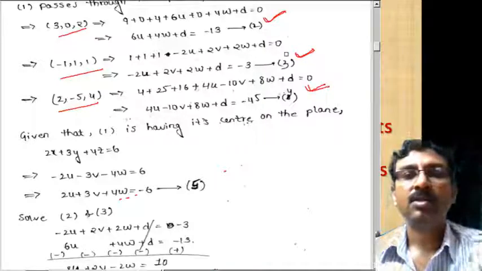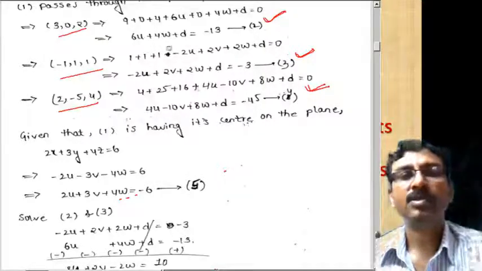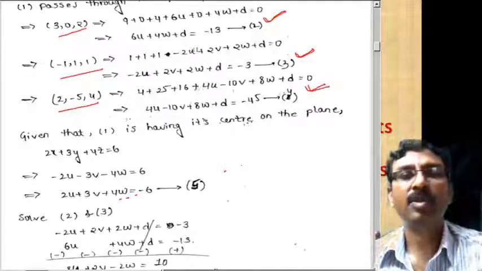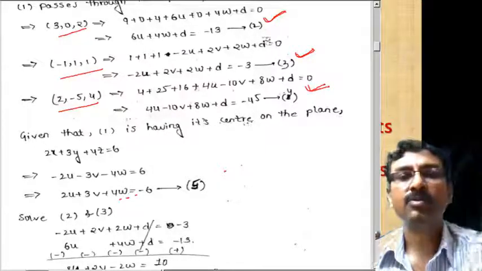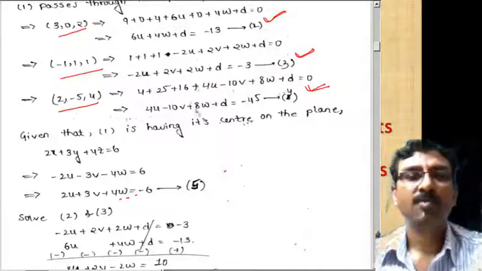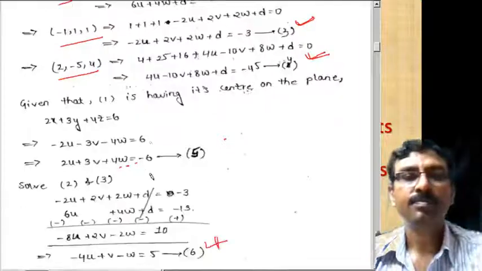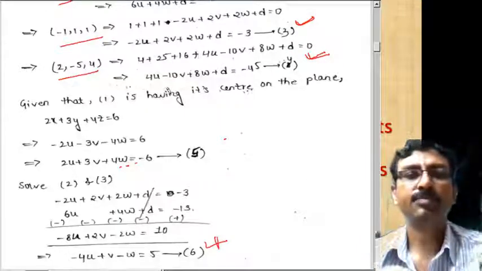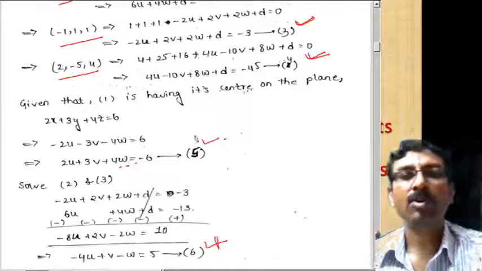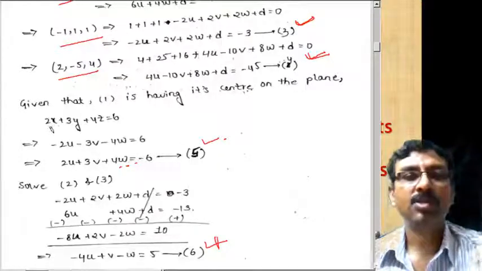So in the second, third, fourth equations we have u, v, w and d. In the first step we are going to eliminate d by taking two equations from the second, third, fourth equations. Before that, I want to make one more equation. This is 2x plus 3y plus 4z equal to 6.